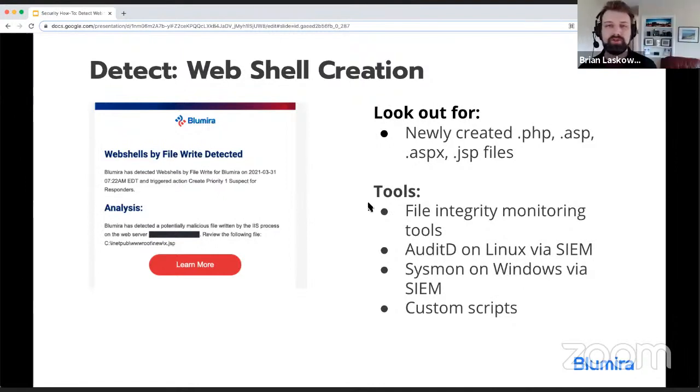Using WordPress as the go-to example, there are tons of PHP files in a WordPress install, but once that install is done, you're usually not seeing new PHP files get created except upon major software revisions or updates. So seeing a new PHP file show up outside of a maintenance window is a very rare occurrence and should be something that you investigate.